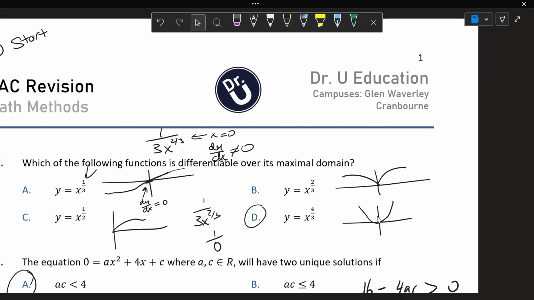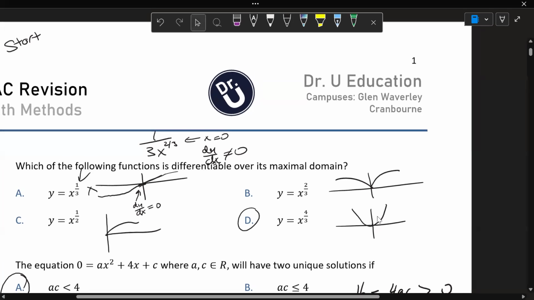So it's like 1 over 0, which is infinity, undefined. So no gradient at that point. Yeah, it's not differentiable at that point. The gradient when you graph it is 0, but you can't find the gradient by differentiating. And that's why we have to reject A.